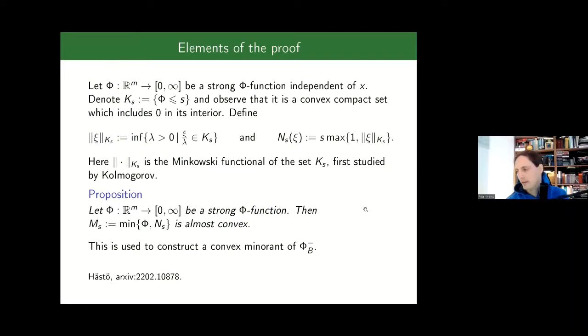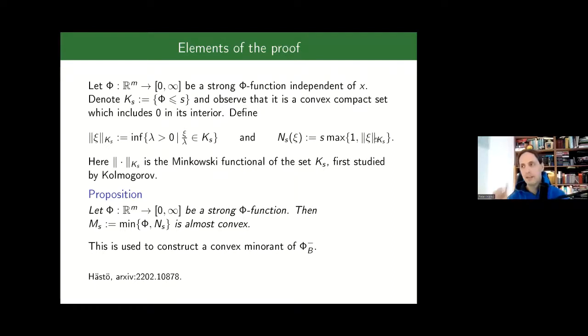And one slide about the proof. Actually, I don't want to say very much about that. Basically, the idea is that we define the second function ns, which is kind of a cone, but it's not a cone from a sphere, not necessarily.